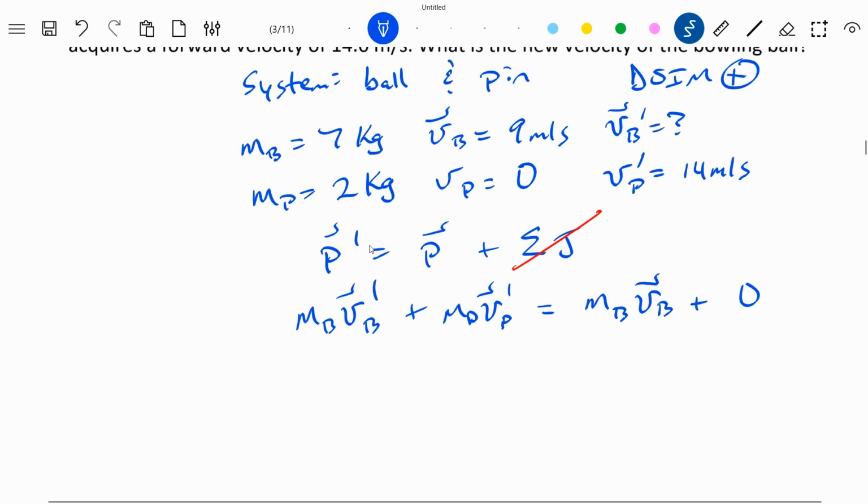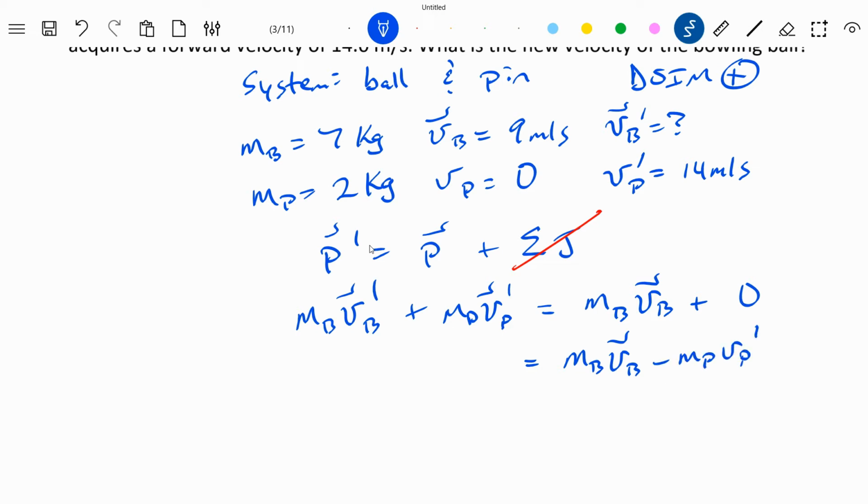I'm trying to solve for the velocity of ball prime, so I'll do this algebraically. On the right side I have the mass of the ball times v of ball. I subtract the mass of the pin times the velocity of pin prime, and then divide all by the mass of the ball. That solves for the velocity of ball prime, which is what I was asked to find.